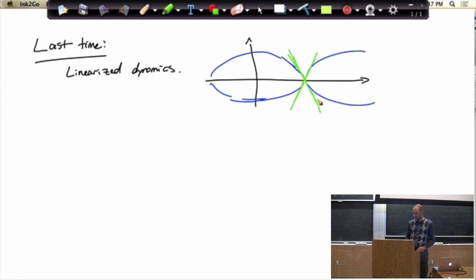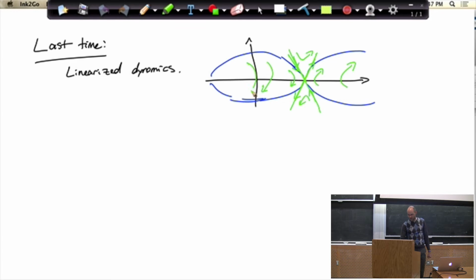We got this linear phase portrait that captured the basic dynamics of the undamped pendulum. And it was actually a very good approximation here of all the things that happen. But of course, if you start using that for the whole space, it becomes an increasingly bad approximation.